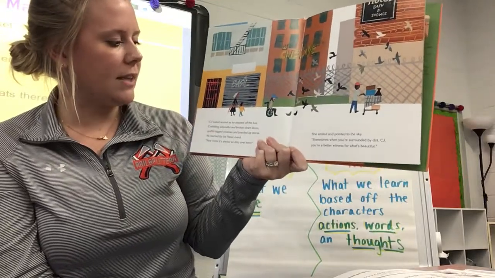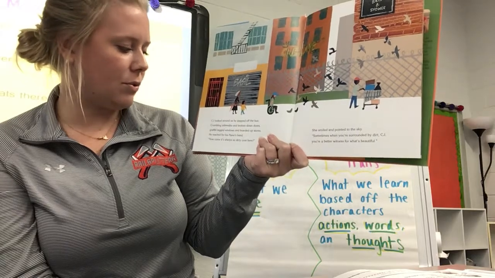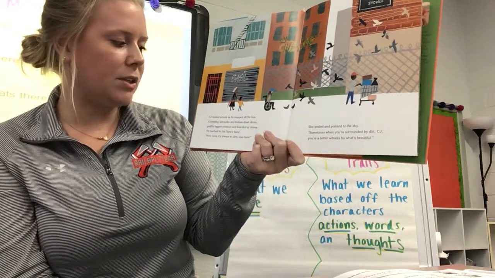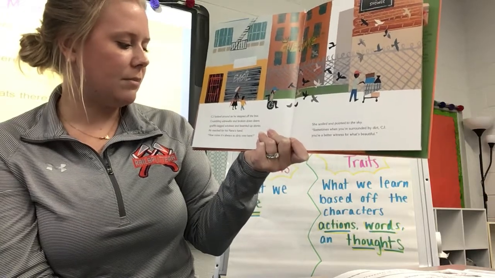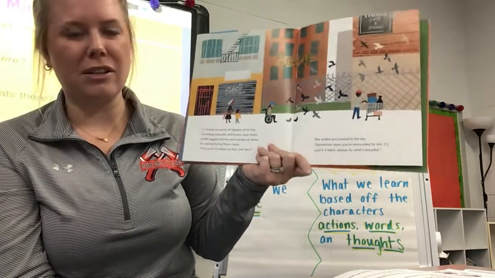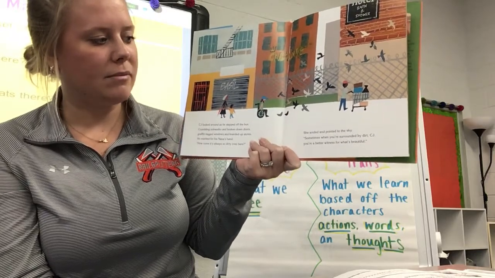CJ looked around as he stepped off the bus. Crumbling sidewalks and broken down doors, graffiti-tagged windows and boarded-up stores. He reached for his Nana's hand. How come it's always so dirty over here? She smiled and pointed to the sky.